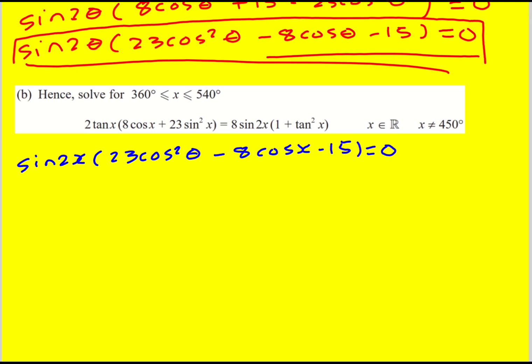Just one thing I want to bring your attention to, and normally this isn't very relevant, but we can't have x equal to 450. In fact, that is a solution later on that we then need to reject. I'll talk more about it at the end. So two things multiplied together, either sine 2x is 0, or the function in the brackets is 0.